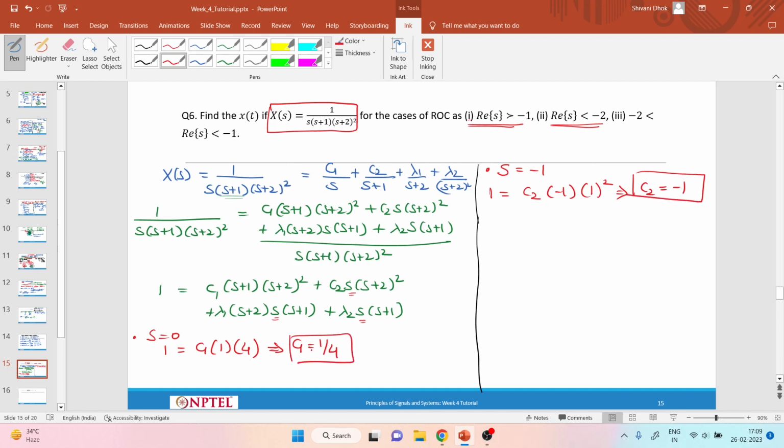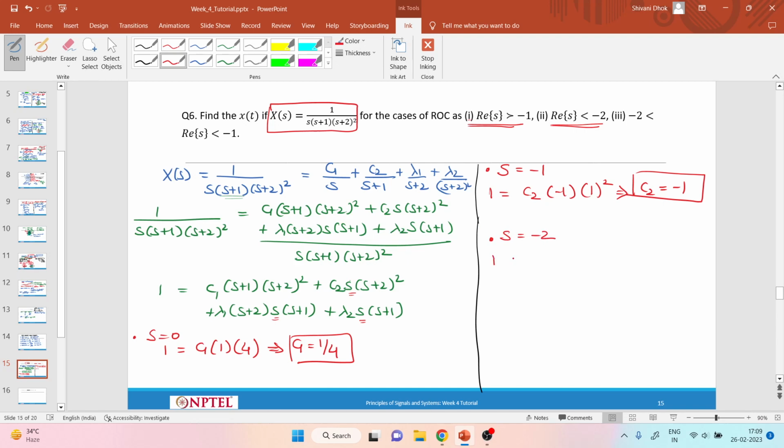Next I need to find the values of lambda 1 and lambda 2. Let us first try to find the value of lambda 2. This doesn't contain the term s plus 2, but all other terms contain s plus 2. So let's say that my s is now minus 2, so that I can kill the term s plus 2.